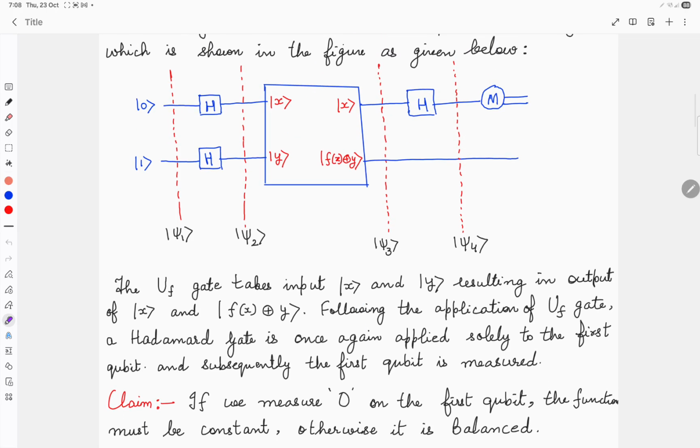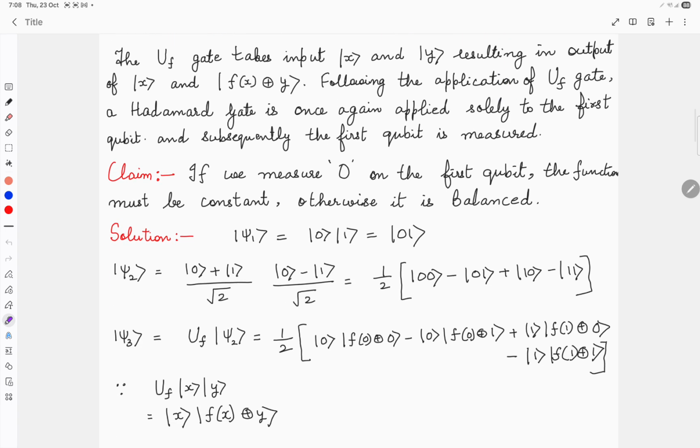Let us divide the whole circuit into stages and see the status of the qubits at every stage. Ket psi 1 is the tensor product of ket 0 and ket 1. After that, the two Hadamard gates will come.